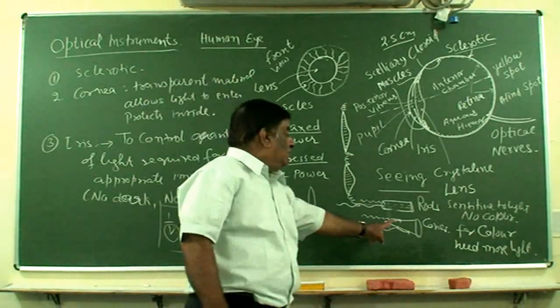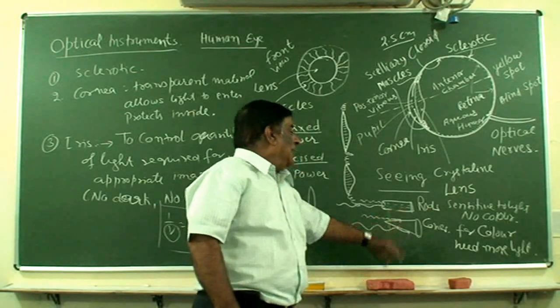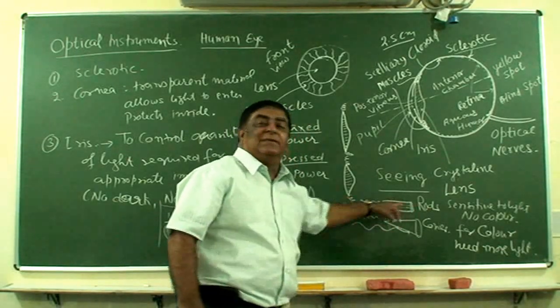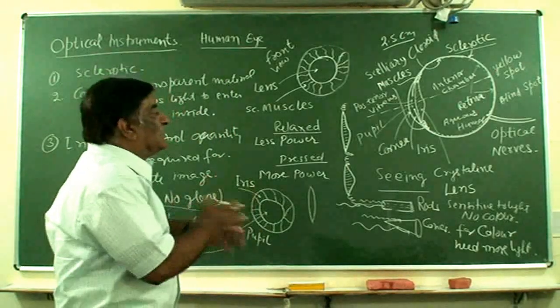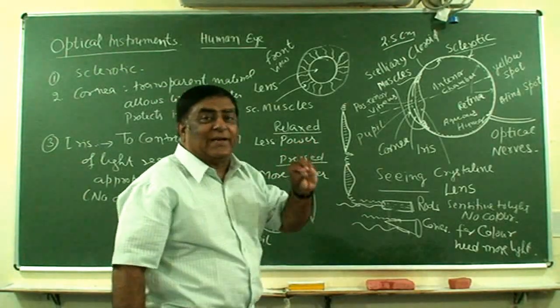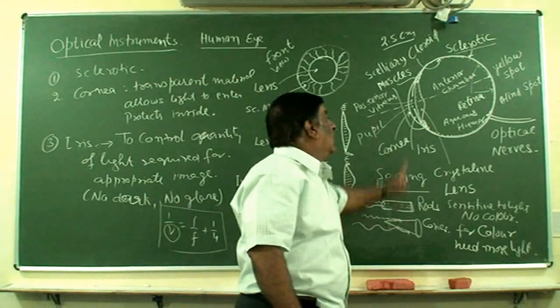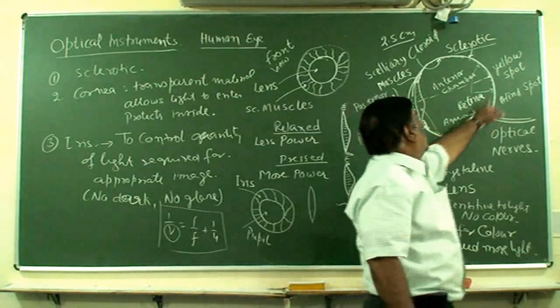So color blindness is due to defects in the cones, and night blindness is due to defects in the rods. So these are the sensors of the retina.